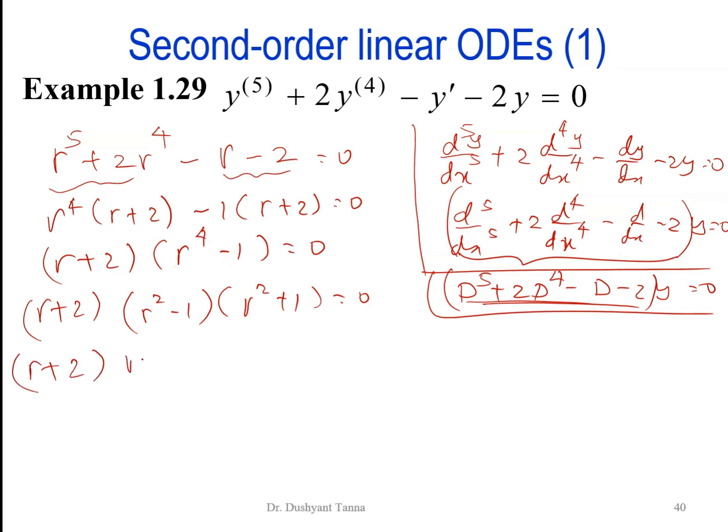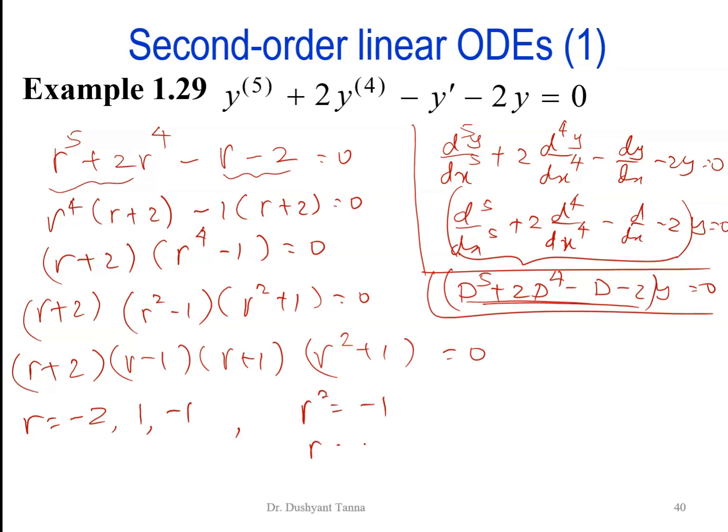R plus 2, R minus 1, R plus 1, and I'll leave it R square plus 1 as it is. So the roots are minus 2, 1, minus 1, and from here, R square is minus 1, so R is equal to plus or minus i. If you want, you can write 0 plus or minus i 1.